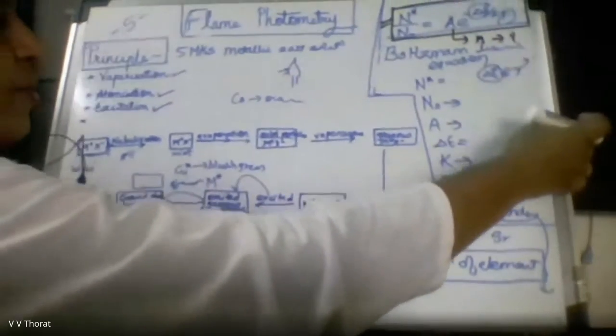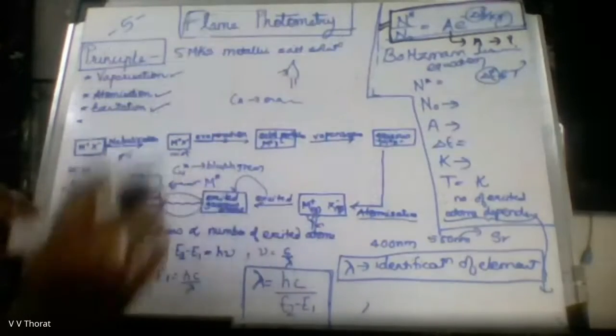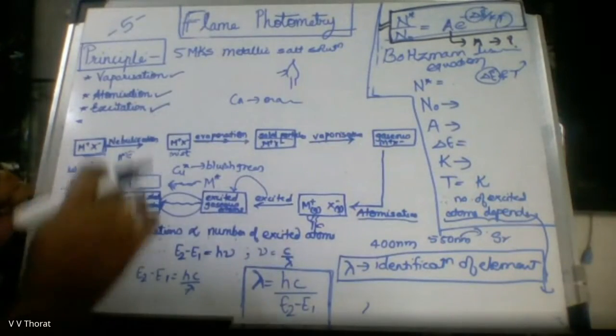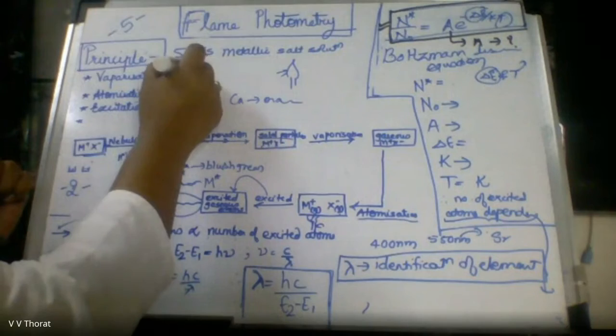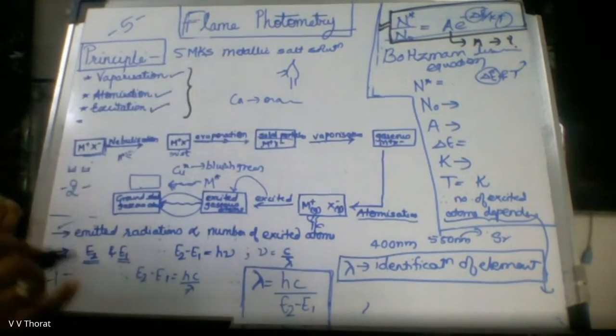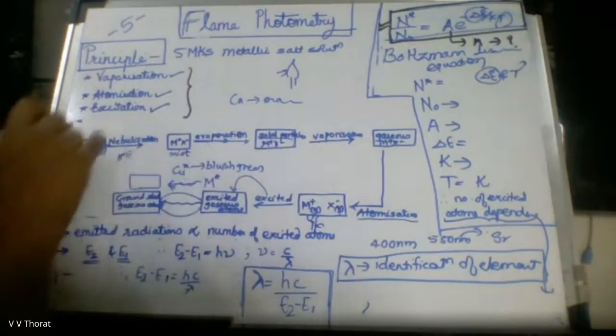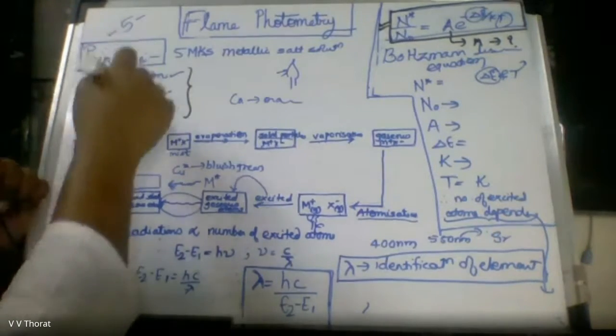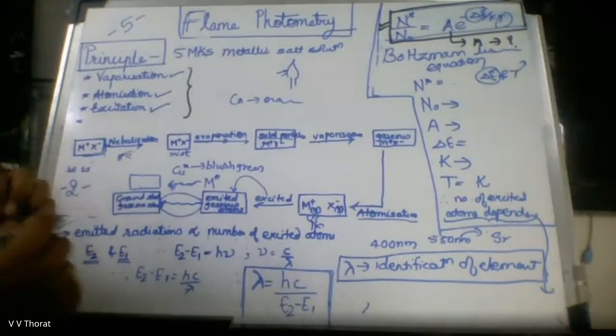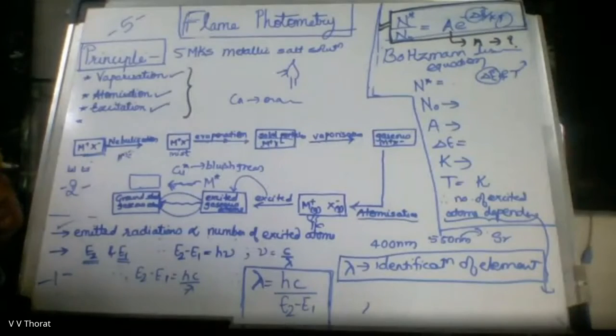You have to write Boltzmann distribution equation. And they may ask the sequence of events taking place. Select the correct sequence. They will jumble this up a bit and ask you to select the correct statement.